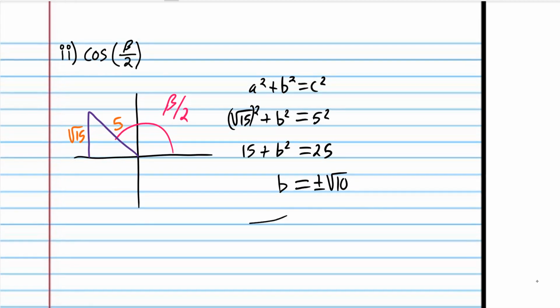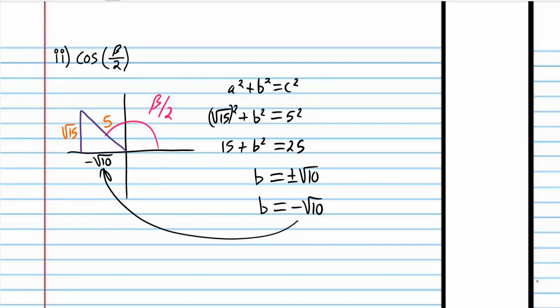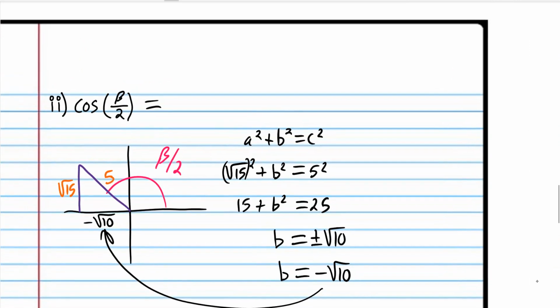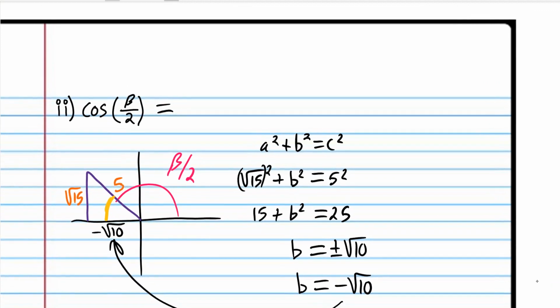You can see that this side has to be negative just by looking at where the triangle is. So we can plug this in here. We have negative root 10. Now we can find cosine beta over 2. That's the side, excuse me, the side adjacent to the yellow reference angle divided by 5.